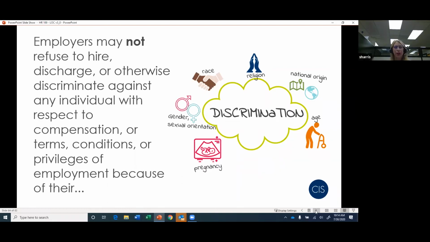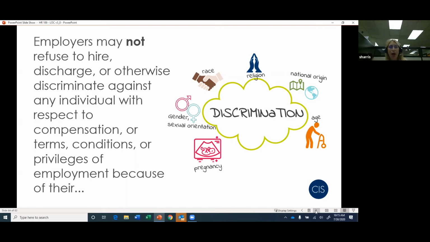An employer may not refuse to hire, terminate, or promote based on an individual's protected class, okay? So none of these categories, these protected classes, may come into play when we are making employment decisions.